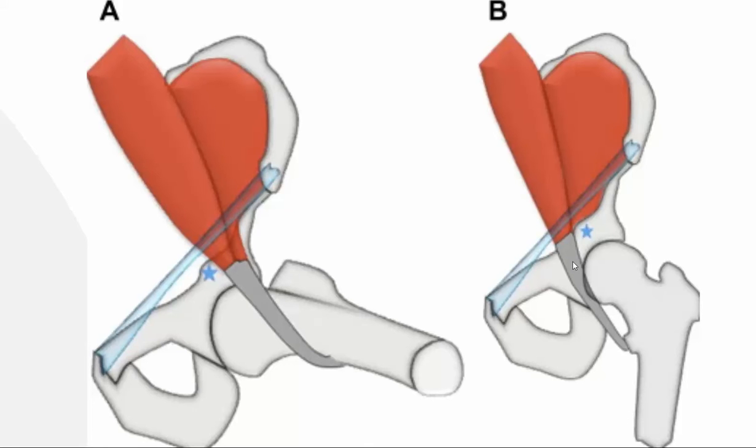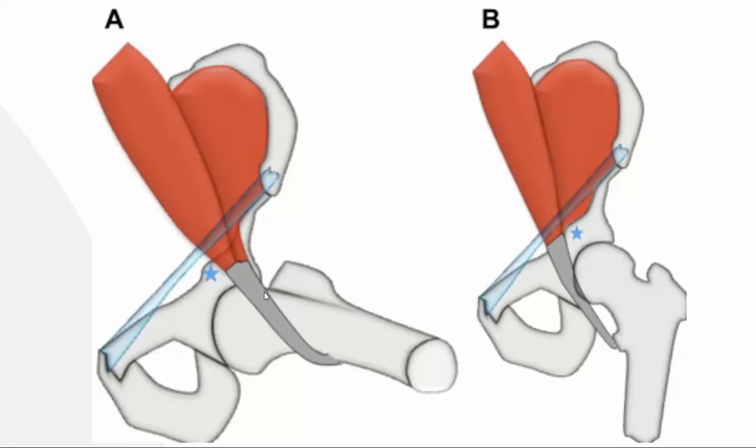And what happens is that it can snap over this iliopectineal eminence, which is what the star is, a little bony protuberance here. It can also snap over the femoral head, and this snapping can be palpable and can be voluntarily reproduced. If your patient comes in and says my hip snaps and shows you, you can hear it, you can feel it. If you do a dynamic examination, flexion to extension, you can feel the snapping.